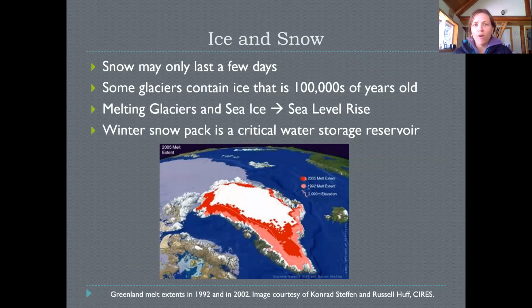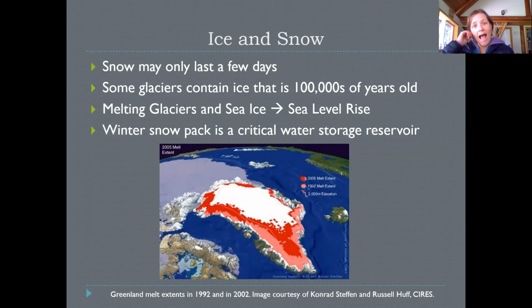And ice and snow is an enormously important sort of water storage device. As we already said, sometimes we might have ice and snow that lasts for a small amount of time, but sometimes we have ice and snow in glaciers that has been there for hundreds of thousands, close to millions of years.